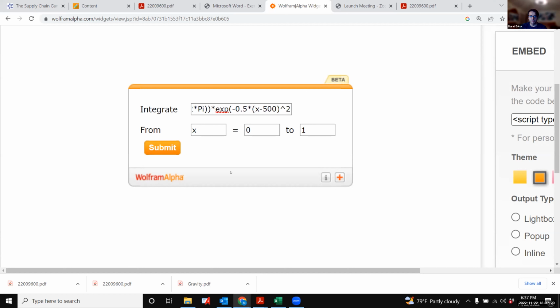I'm just following the f of x formula, divided by sigma squared, which is 100 squared. I think I can close the parentheses here. And x is from 577 to infinity.